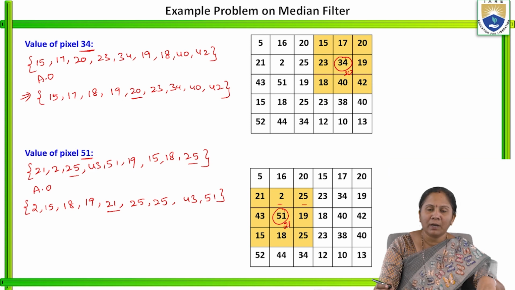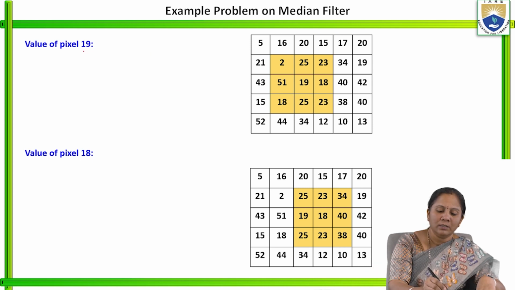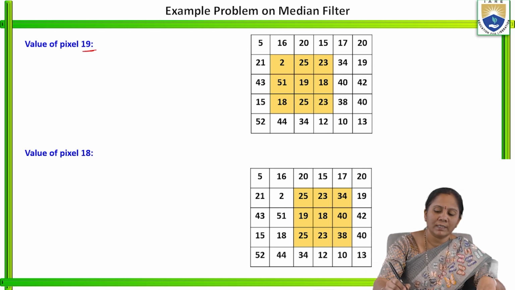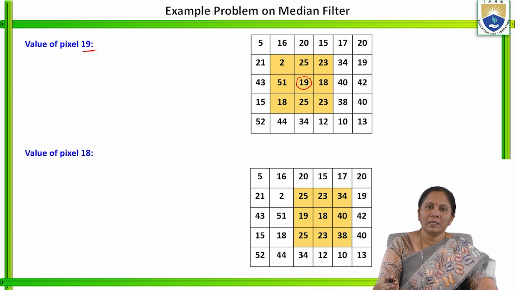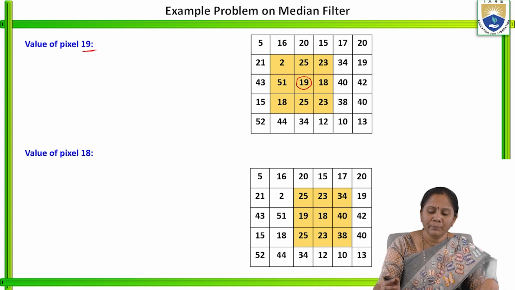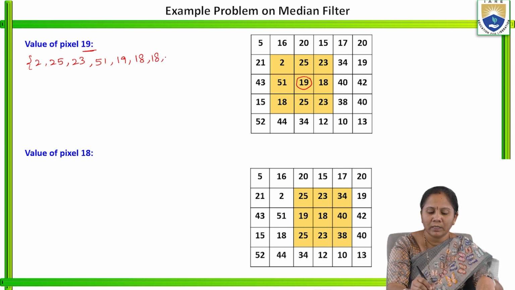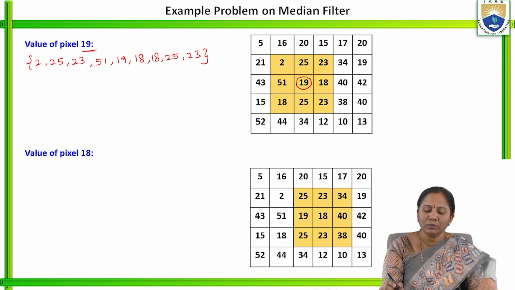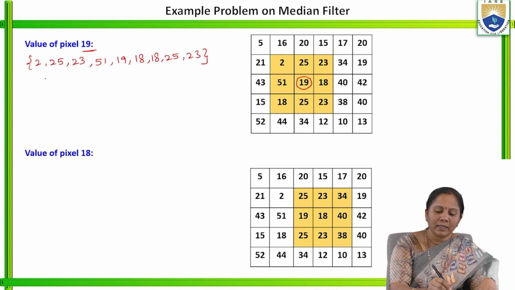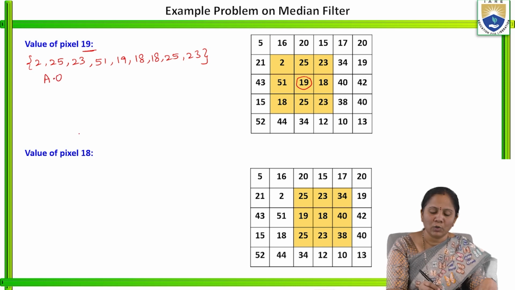And next if we shift this mask by one column, this 19 will become the center pixel, which needs to be calculated. Considering all the neighborhoods: 2, 25, 23, 51, 19, 18 and here 18, 25, 23. All these are the neighborhood pixel values of the center pixel. Next we have to arrange them in ascending order.